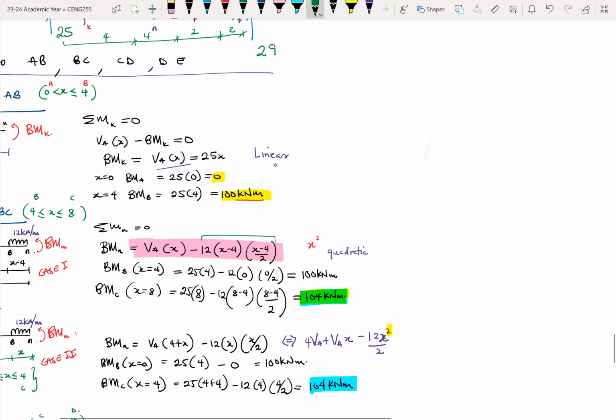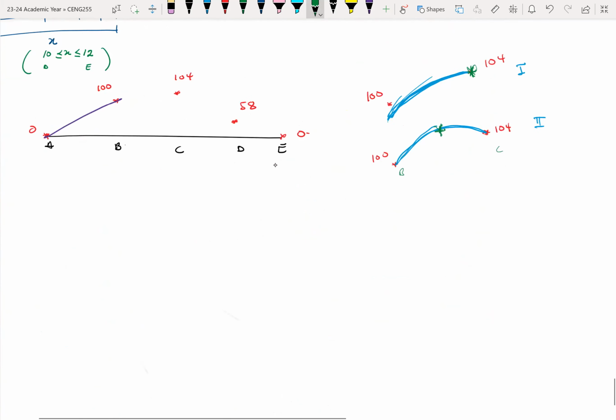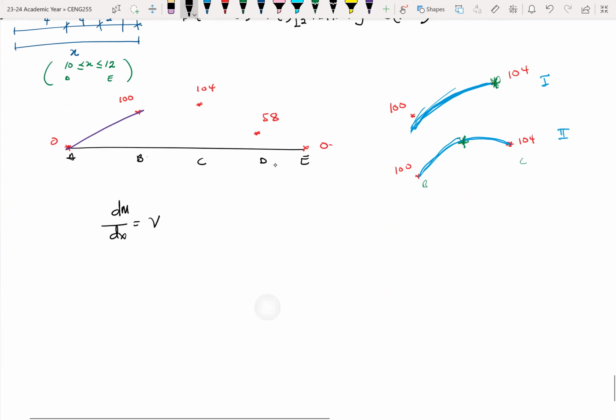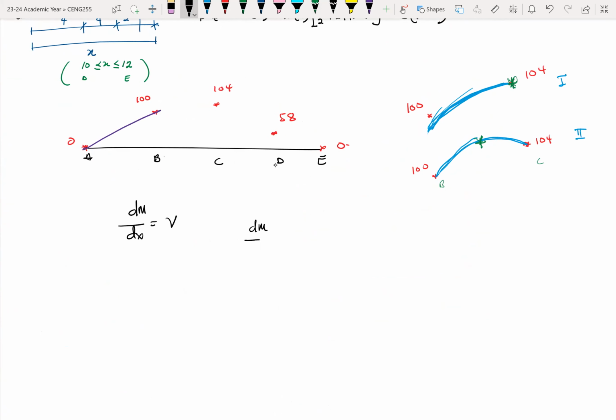And this is explained through differentiation. If you differentiate moment with respect to distance, you get the shear. So where differentiating moment with respect to distance x gives you 0, that's where the shear is 0.